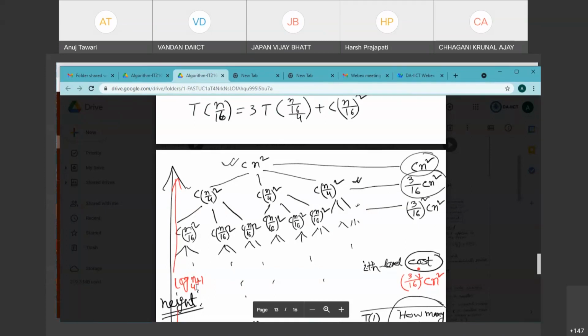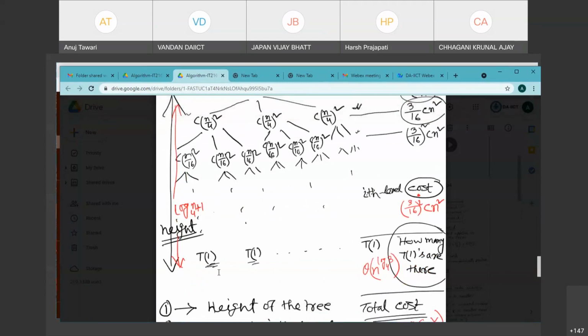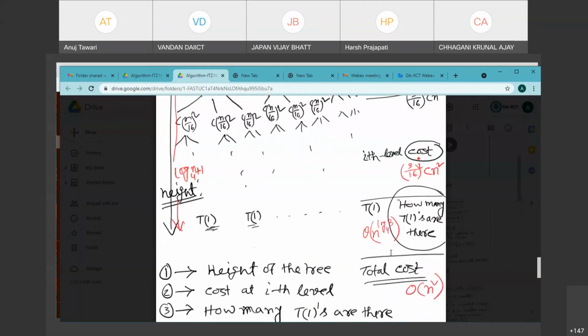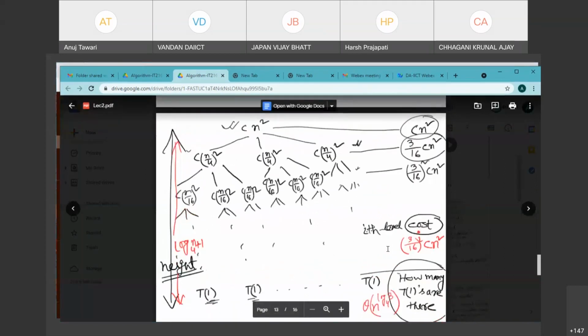When does n become equal to 1? It is log n to the base 4. So this is the total height of the tree, log n to the base 4 plus 1. And finally, you'll get T(1), T(1), T(1). Let's say it's some constant. And then just sum up all this stuff.